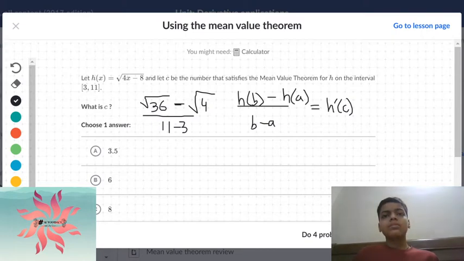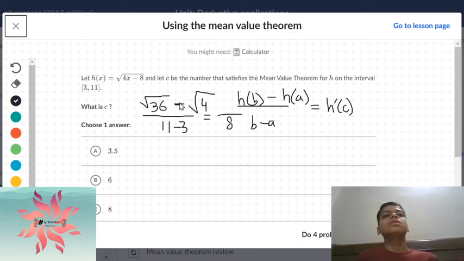What is 11 minus 3? It is just 8. It will be equal to divided by 8, and this is just 6 minus 2. It is just 4, 4/8, or we can also write it as 1/2.